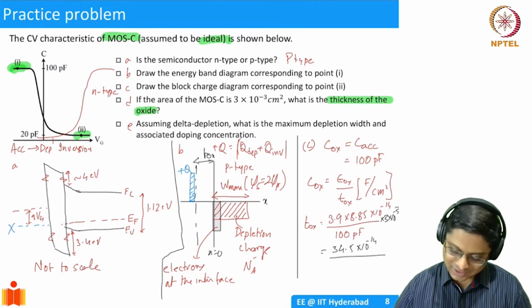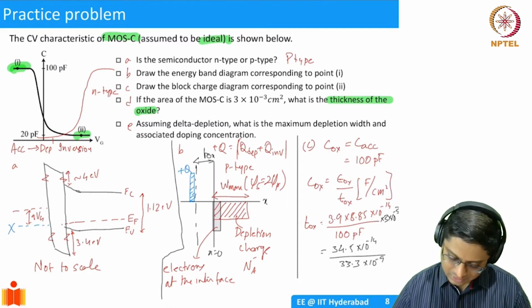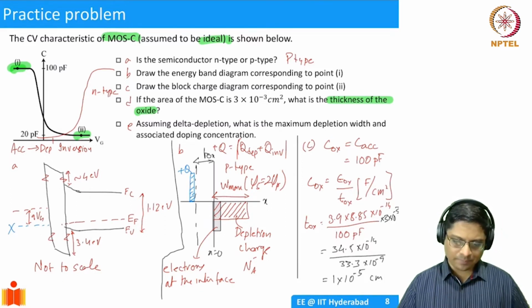I'll divide by 100 by 3. That I know. It's going to be 33.3. And 10 power minus 3 will go, so this will be 10 power minus 9. Okay. So this is approximately 1 into 10 power minus 5 centimeters. That's what I think it should be.